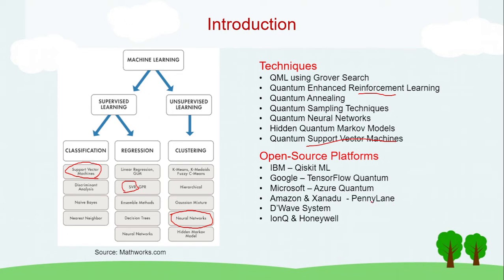They have plenty of applications, supported by Xanadu, and Amazon also has joined recently. D-Wave Systems, we know they are the best for optimization, so you can use their platform also for solving machine learning problems. IonQ and Honeywell are also working, but I do not know whether they also give open source functions.